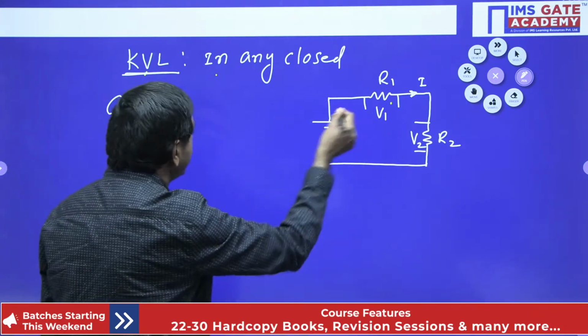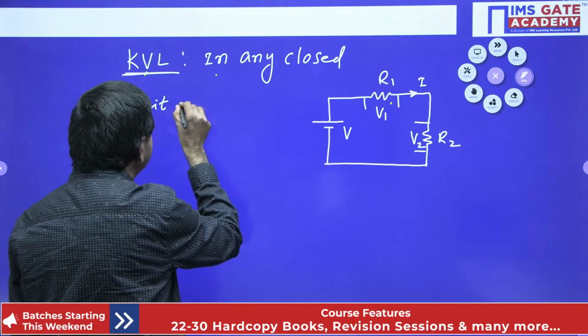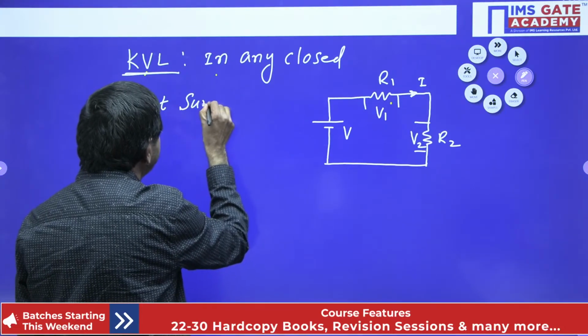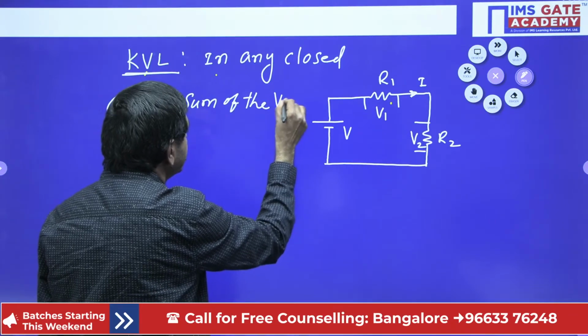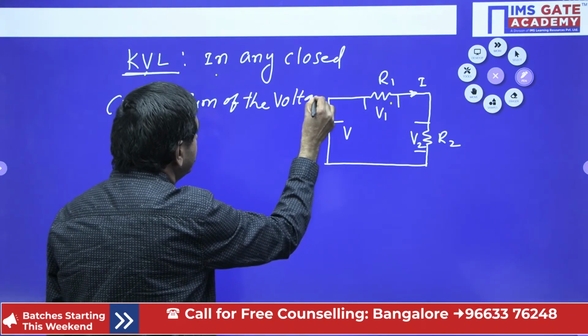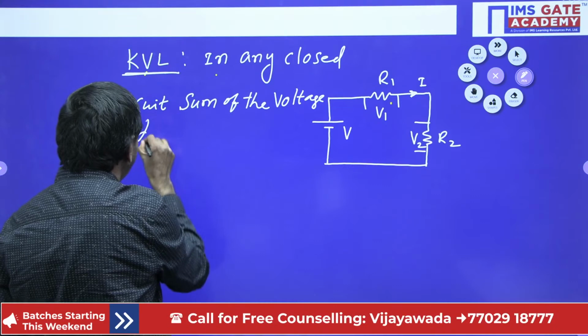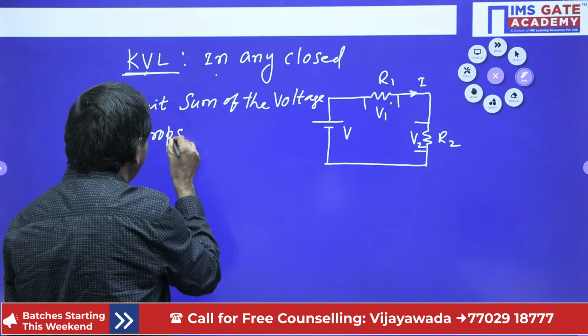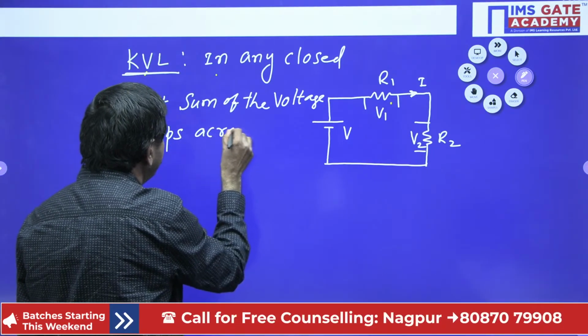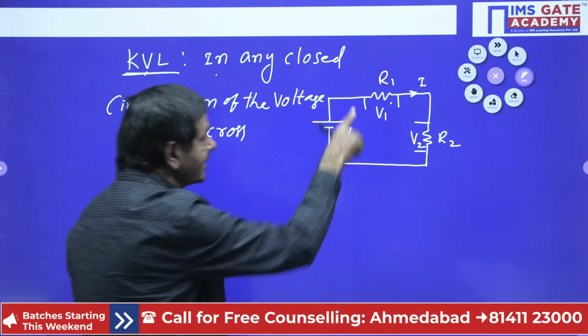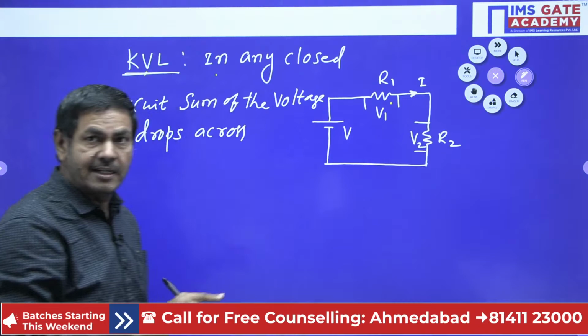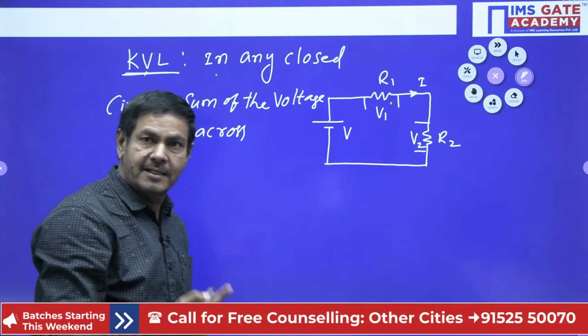In any closed circuit, the sum of the voltage drops across what here? Across these electrical elements only. Here the electrical element may be a resistor or inductor or capacitor.